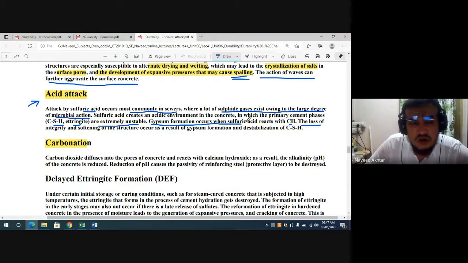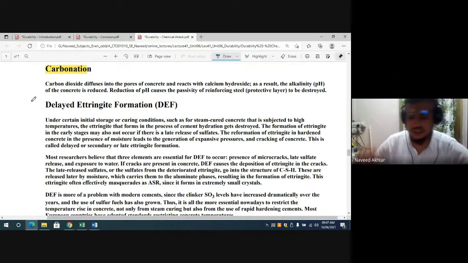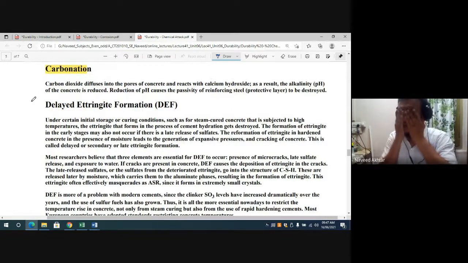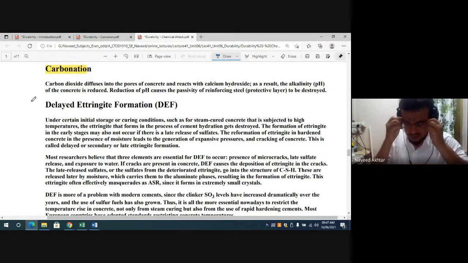The loss of intrinsic and the softening of the structure occur as a result of gypsum formation and destabilization of CSH gel, that is calcium silicate hydrate. And destabilization causes deterioration in the concrete, and falling or swelling of the concrete can take place.